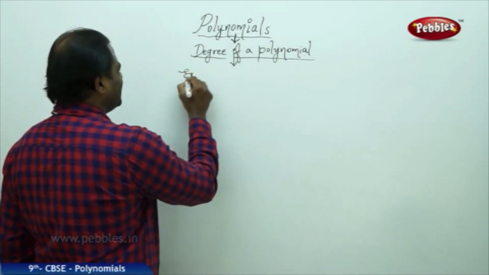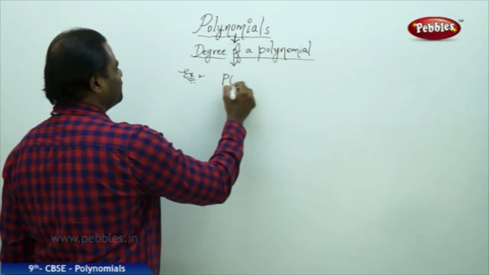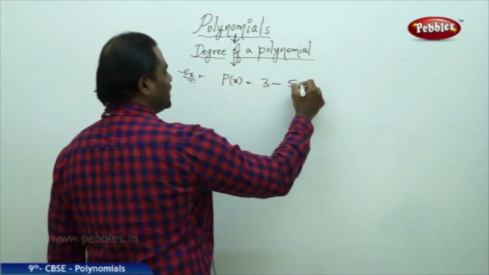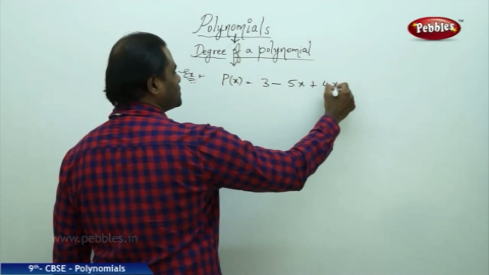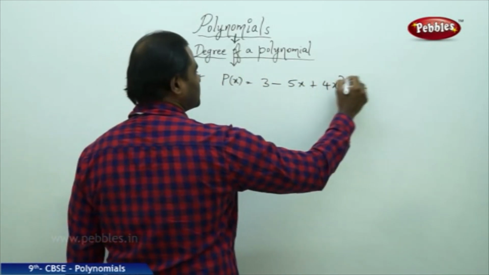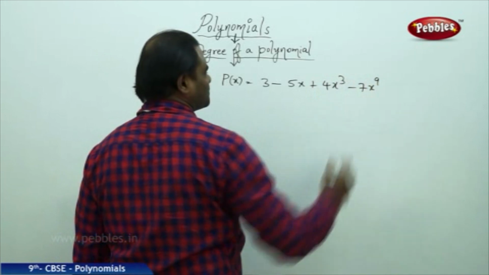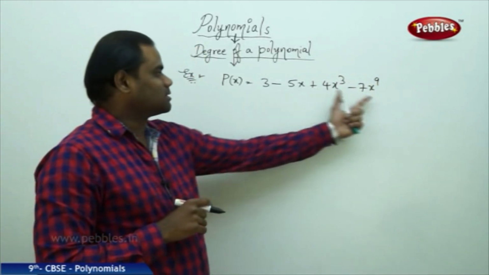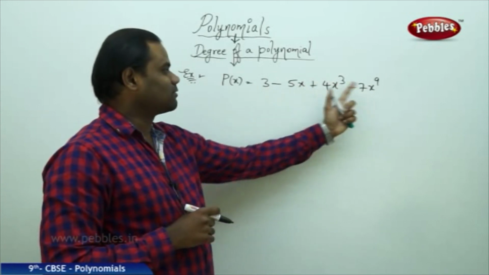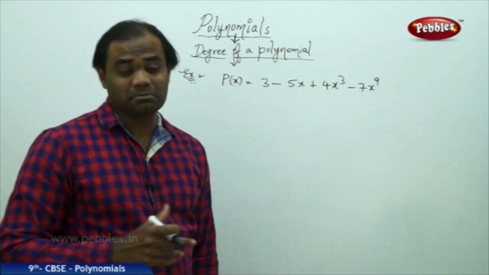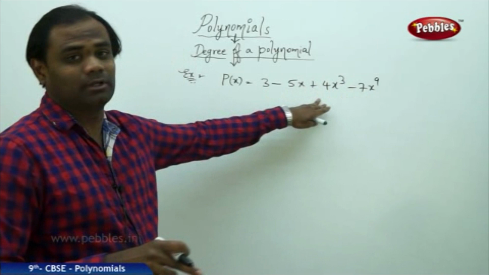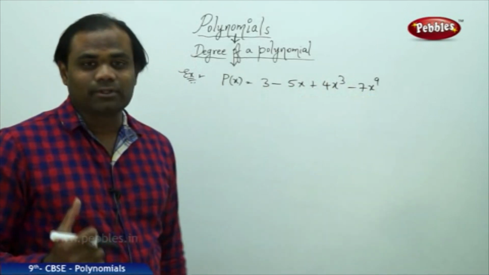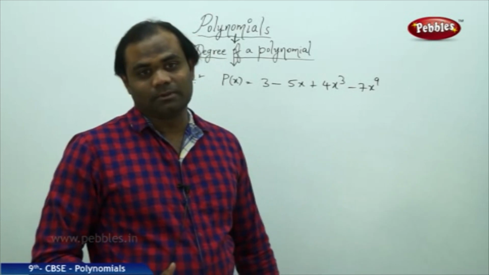For example, I have a polynomial p of x denoted by 3 minus 5x plus 4x cube minus 7x power 9. Now this is a polynomial of 4 terms, and clearly I see each of the powers of x are whole numbers, therefore it must definitely be a polynomial. It is a polynomial of 4 terms, and let's see what the degree is for this polynomial.